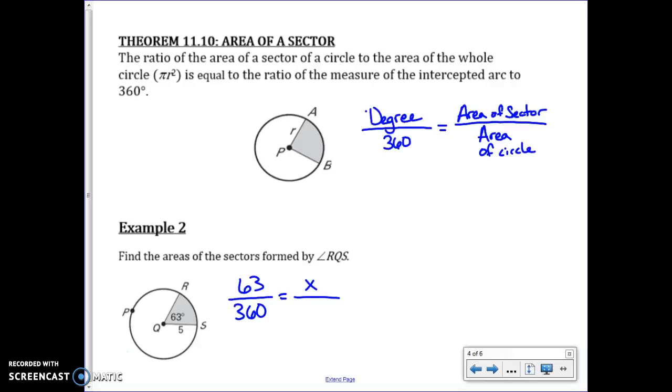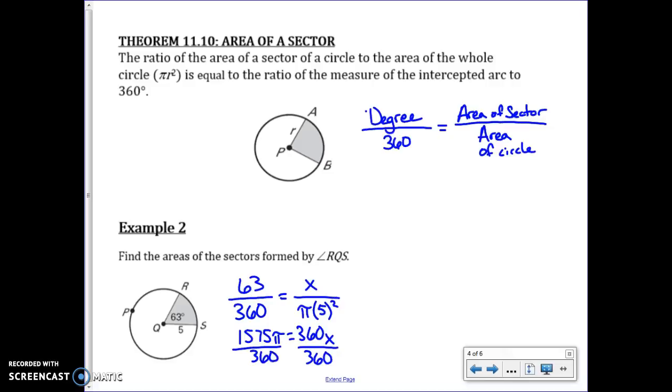To find the area of the circle, if we don't know it, we use pi r squared. In this case, our radius is 5. So I'm going to do 25 pi times 63 here. I just do 25 times 63, and I get 1575 pi is equal to 360x. I'm leaving the pi there just so I'm not dealing with decimals. I'll multiply it in on this final step.